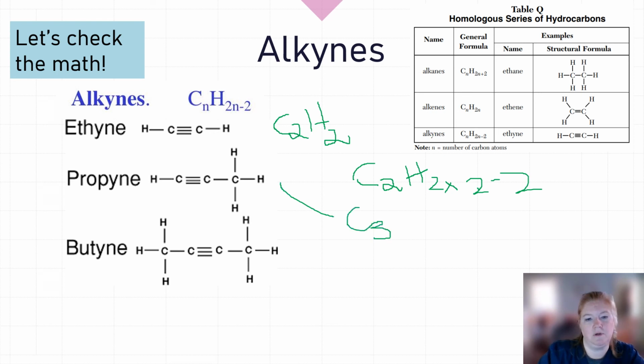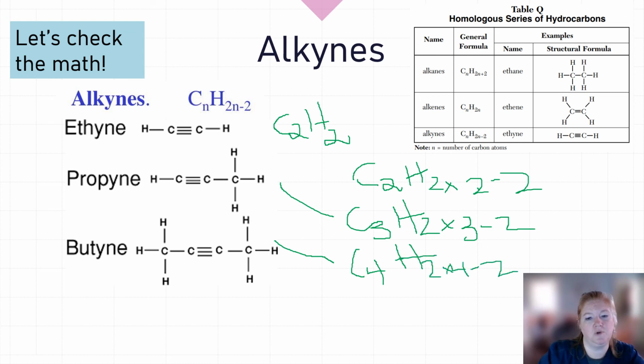So C3H(2 times 3 minus 2). 2 times 3 is 6, minus 2 is 4. Do I see 4 H's? Yes, I do. This one is C, how many? 4. H would be 2 times 4 minus 2. So 2 times 4 is 8, minus 2 is 6. Do I see 6 H's? Yes, I do.